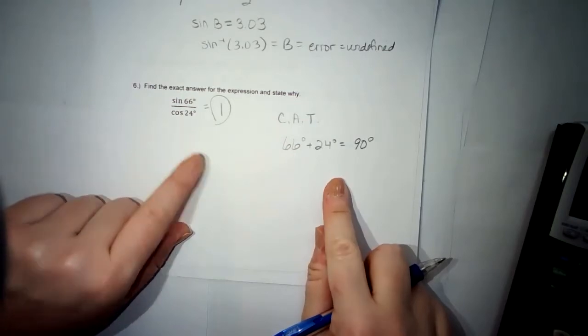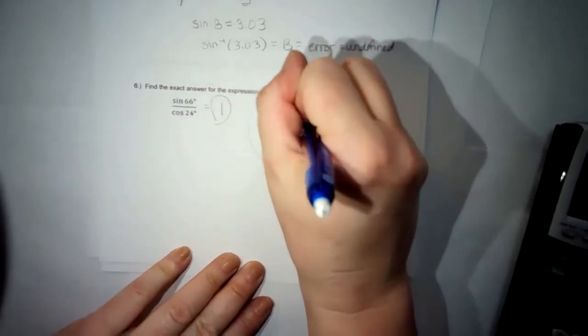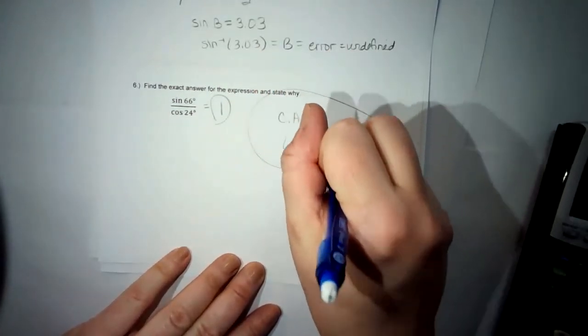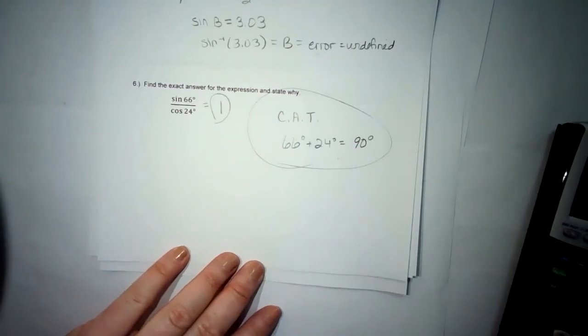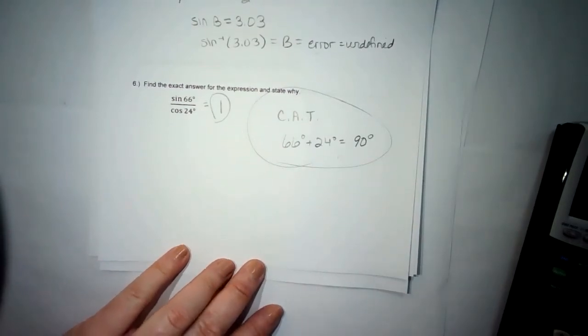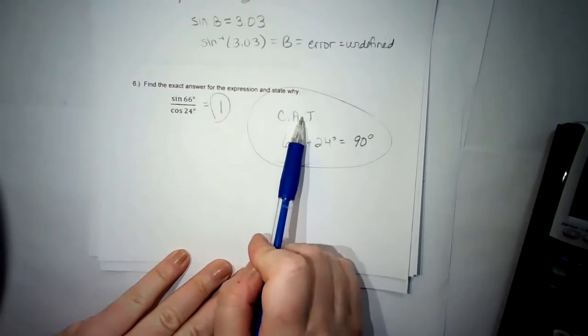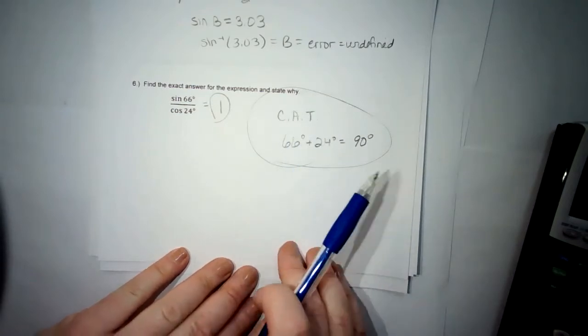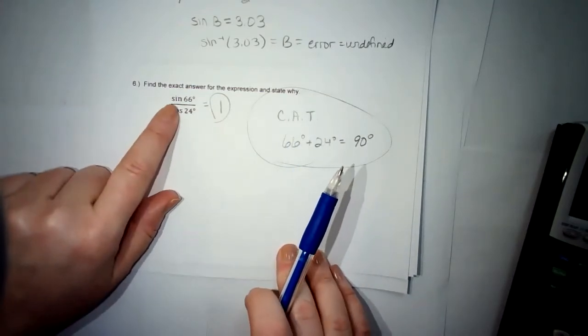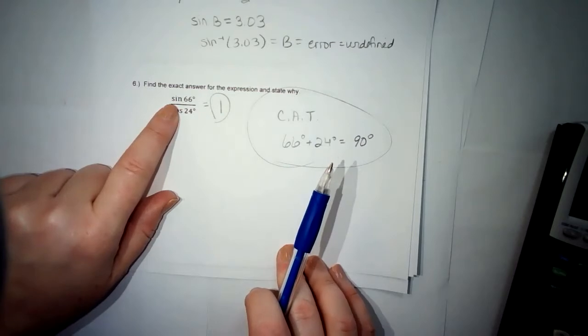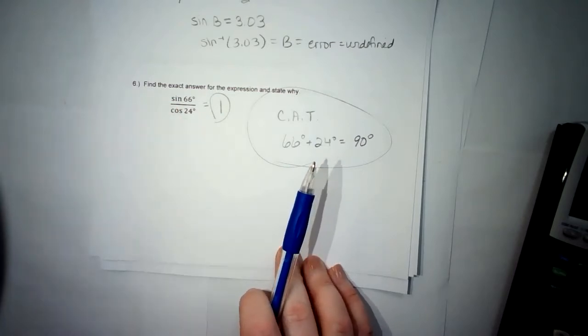I want to see this. I want the name of the theorem, and I want you to show me that the angles add together to give you 90. This is what would get you 100. The 1, the cat, the adding together gives you 90. Now, of course, yours are not going to be these numbers. They're going to be other numbers, but just show me that those add together to be 90.